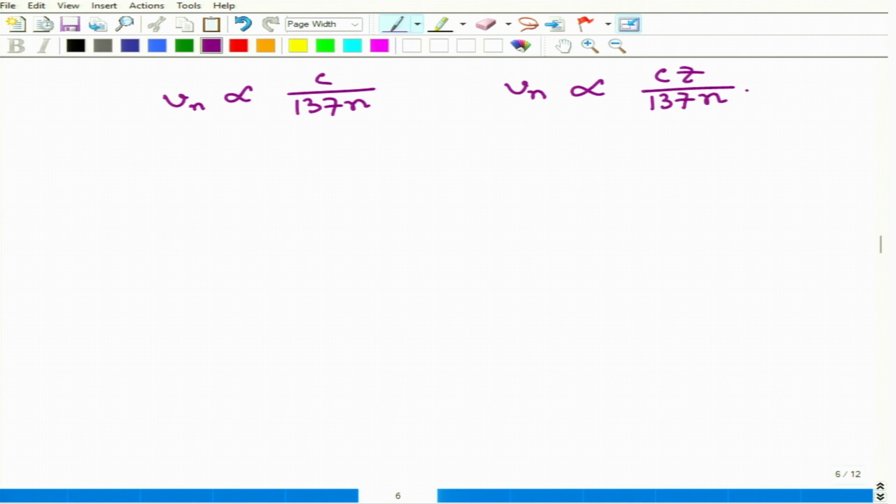Other part is constant, right? So by using that, now Z is 2 and N is 3, then Vn proportional to 2C by 3 into 137. Okay, so you can now do the problem.